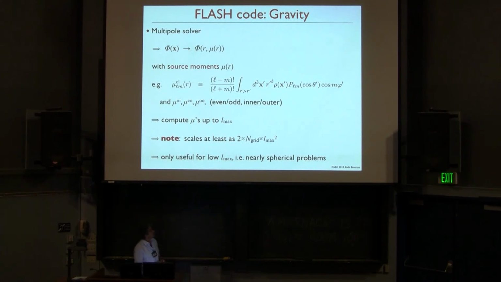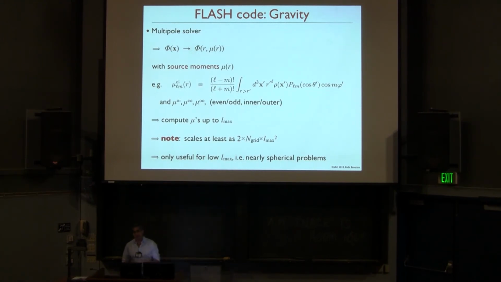And of course, the reason is, first of all, you use this method only if you have a nearly spherical problem. Of course, if you have a very chaotic distribution of masses, as we have seen in the first slides, and turbulent collapse of a cloud core, for instance, which has many local mass centers, and it's fairly messy in respect of the mass distribution or density distribution.